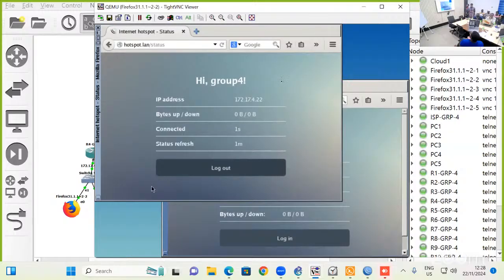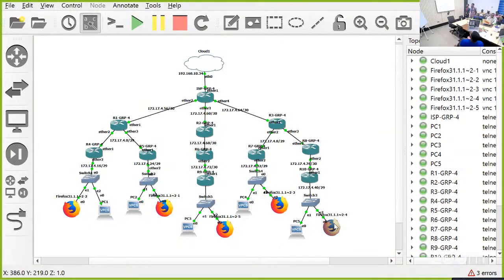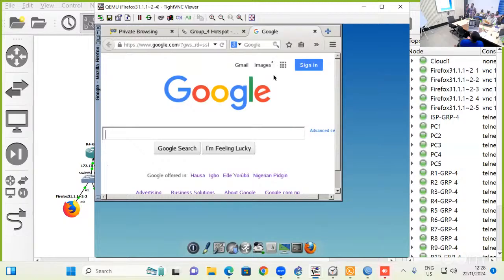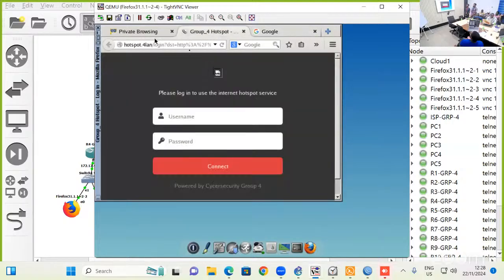Okay, let's test from this other end. Yes, the hotspot is working there. I've also signed in here already. Actually, we have an issue with the logo. We tried and the email was not coming up.